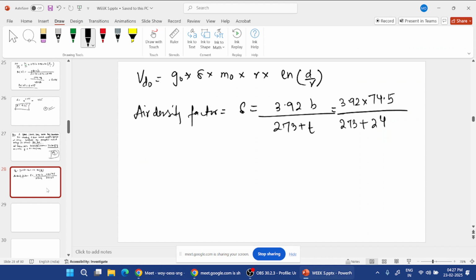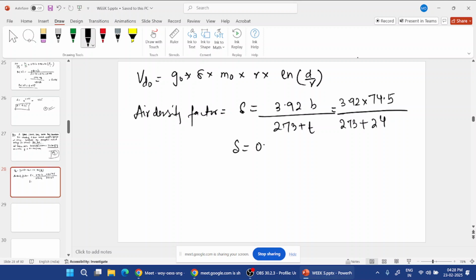Okay, so let me solve it for you. So 3.92 into 74.5 divided by, 273 plus 24, it comes out to be 0.988.